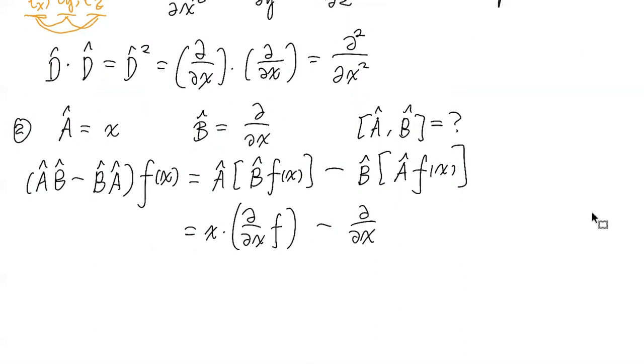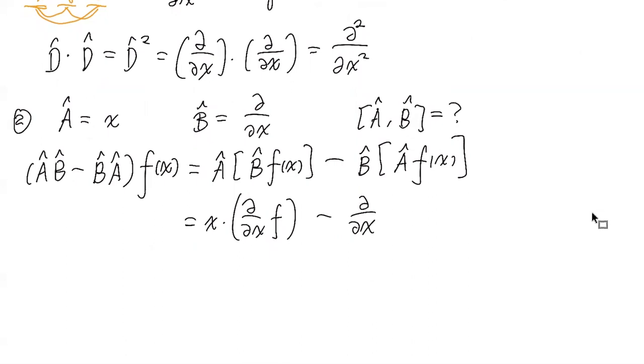Actually, if it's just one-dimensional, we can use d/dx, but here I just use the partial derivative. So the first term is very straightforward. It's just x times df/dx, right?